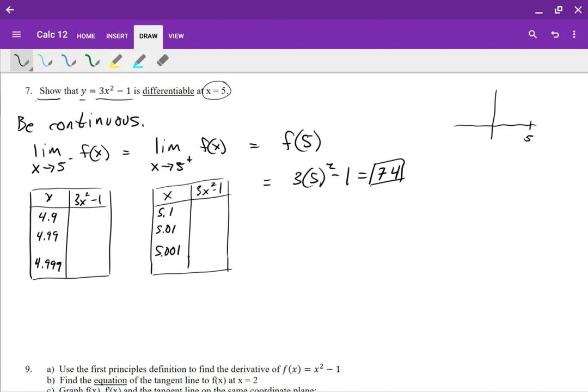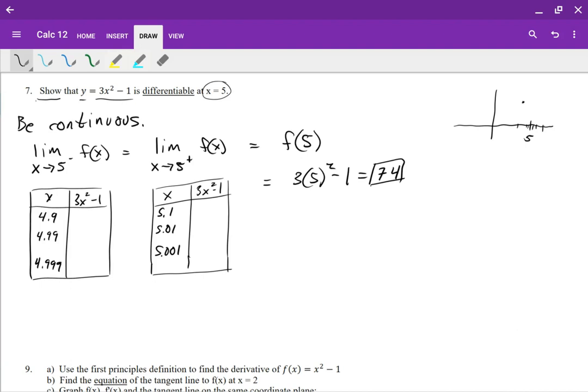So 4.9, 4.99 and 4.999, and we're approaching 5 from the other side with 5.1, 5.01, and 5.001, and we're getting a series of points because we're going to plug them into this function.